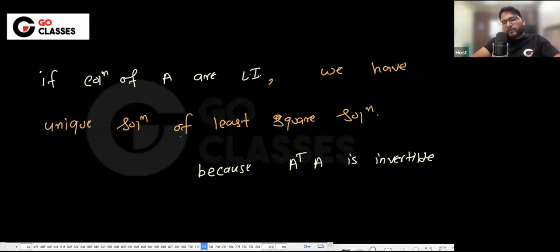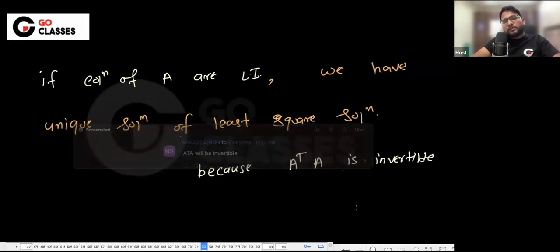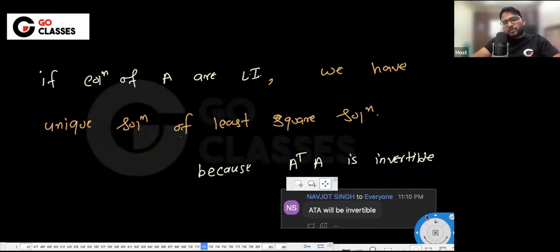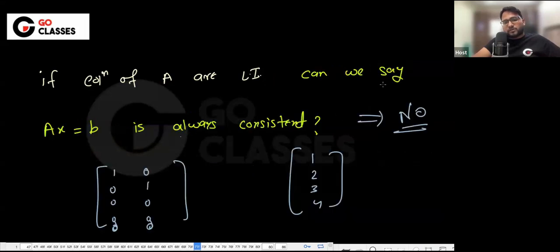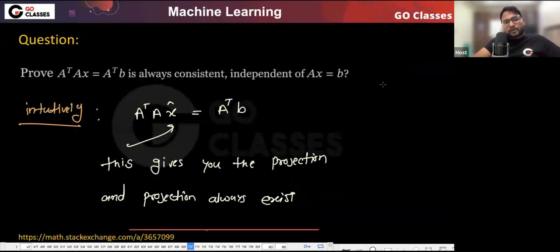In this case, if A transpose A is invertible, then we have a unique least square solution. If A transpose A is not invertible, then we have multiple least square solutions, but the solutions always exist. So tell me how to prove it. Okay, let's go prove it.